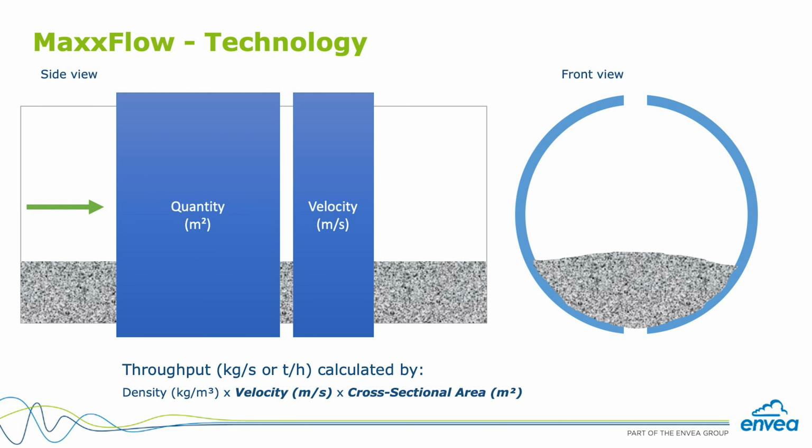In our simulation here, we had the density simulation and velocity simulation, the two main measurements for a MaxxFlow. We simulated the material velocity, the falling material, and we simulated how much of the pipe was occupied. Yeah, that's it. I hope you guys enjoyed this quick tutorial on how to calibrate the sensor.